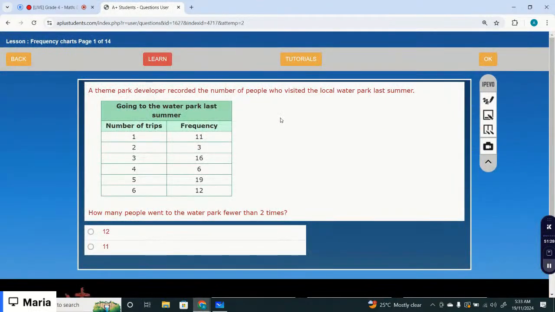That's the one we just did. A theme park developer recorded the number of people who visited the local water park last summer. How many people went to the water park fewer than two times?